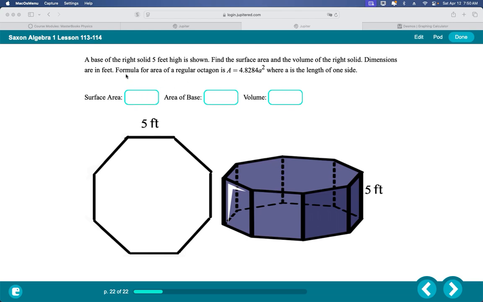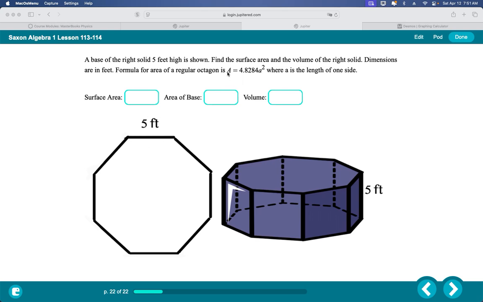It tells us that the formula for area of a regular octagon is area is equal to 4.8284 times a squared, where a is the length of one side. So it tells us the length of one side is 5 feet.